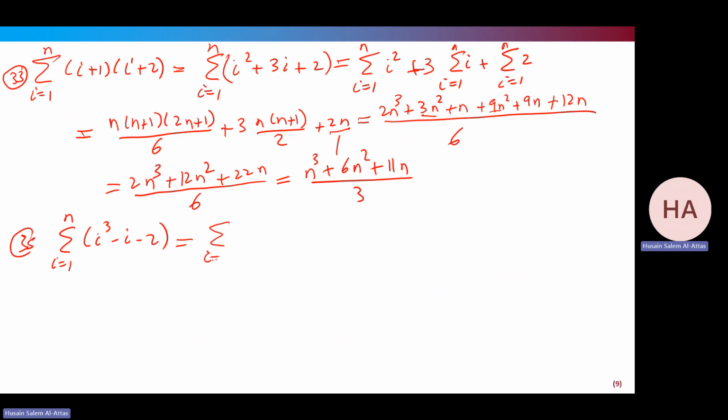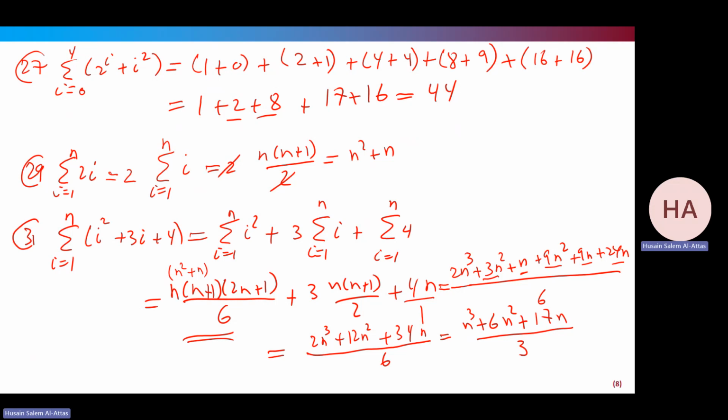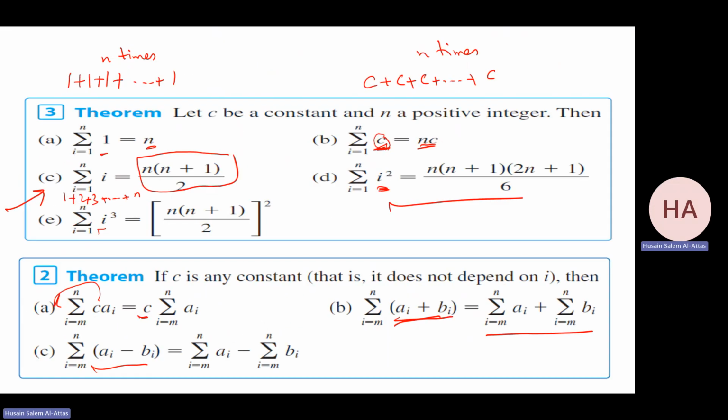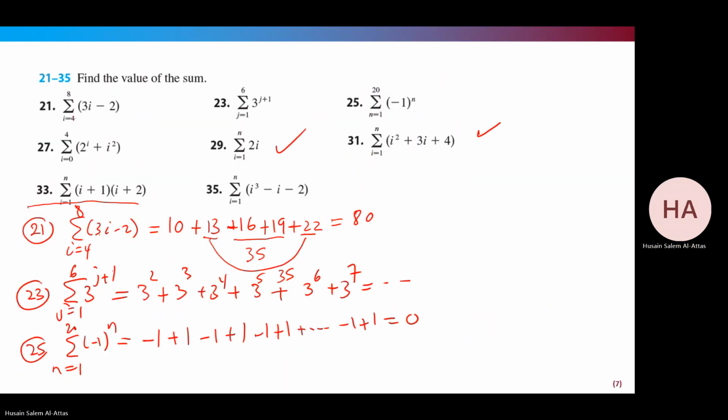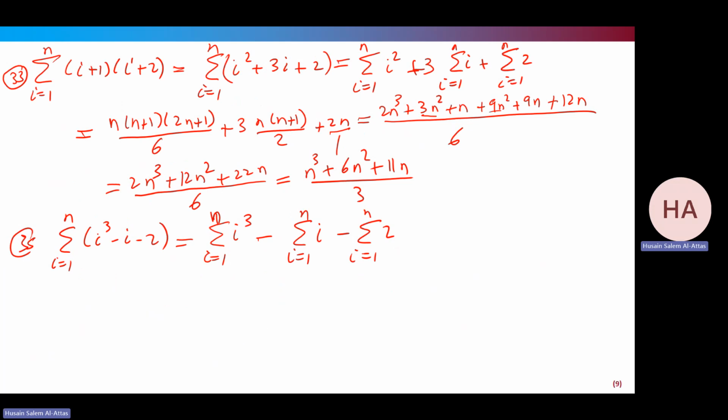That will be summation i equals 1 to n of i cubed minus, not a plus, summation i equals 1 to n of i, minus summation of 2. Okay. For i cubed, I have the formula. This is the formula for i cubed. I'll use the formula, which is what?